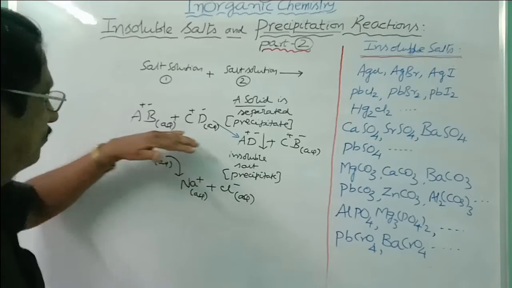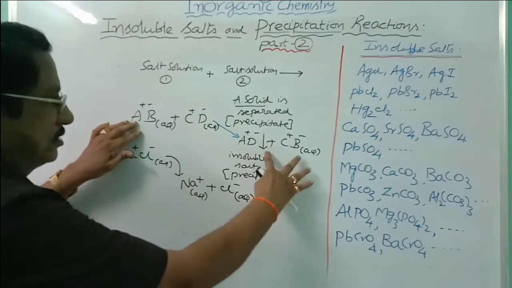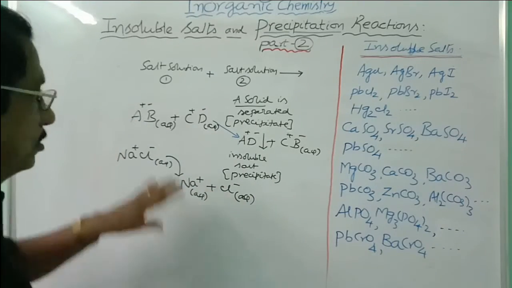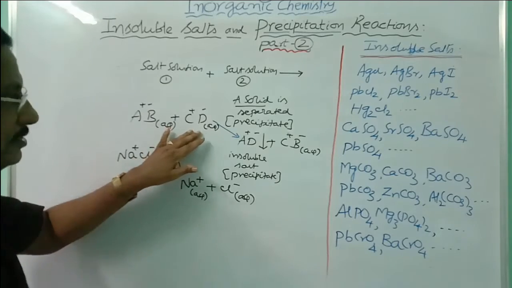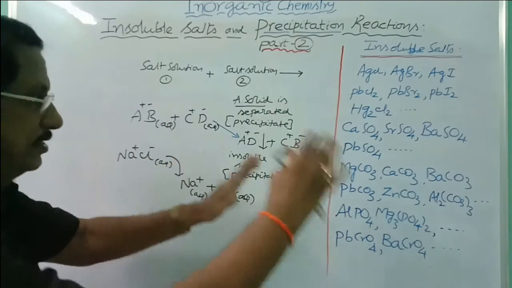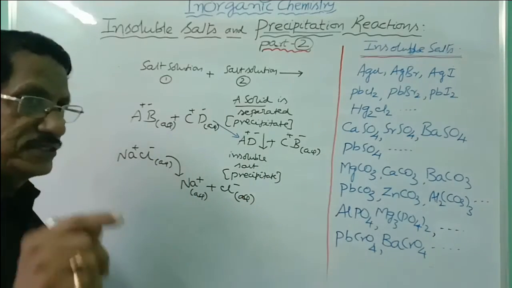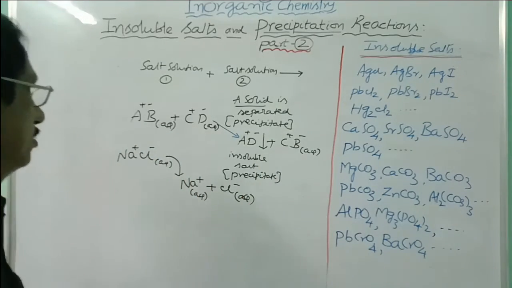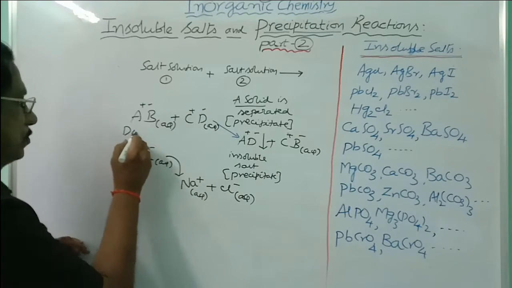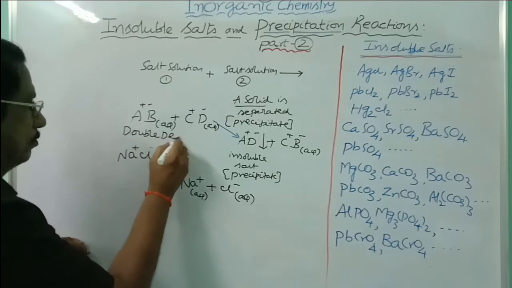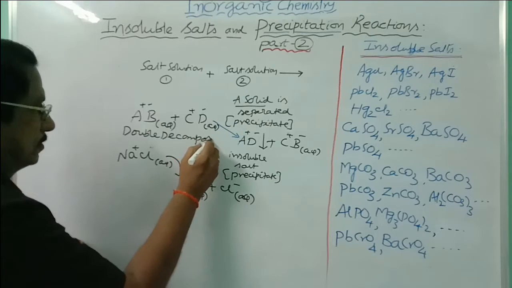On the reaction left side there are two compounds, on the right side two compounds. Two compounds on the left side as reactants, two compounds on the right side as products. Two compounds will give you two other compounds, then such reactions are called double decomposition reactions.